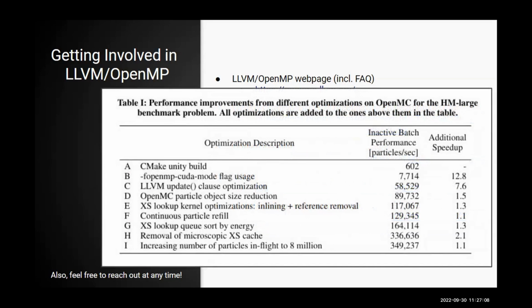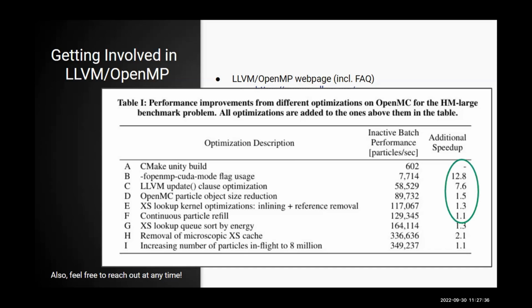And then people that actually came to us and worked with us closely got something out of this. This is the performance for the full OpenMC app that does OpenMP target offloading as their main programming model. OpenMC is a full nuclear reactor code that they developed. There are different optimizations they did, and they got speedups from them.